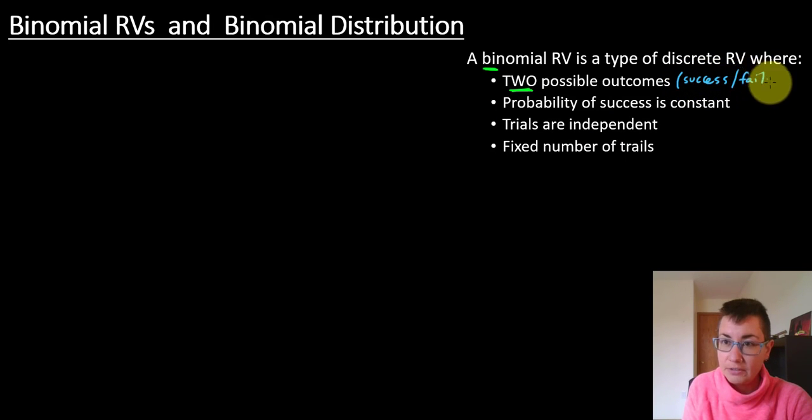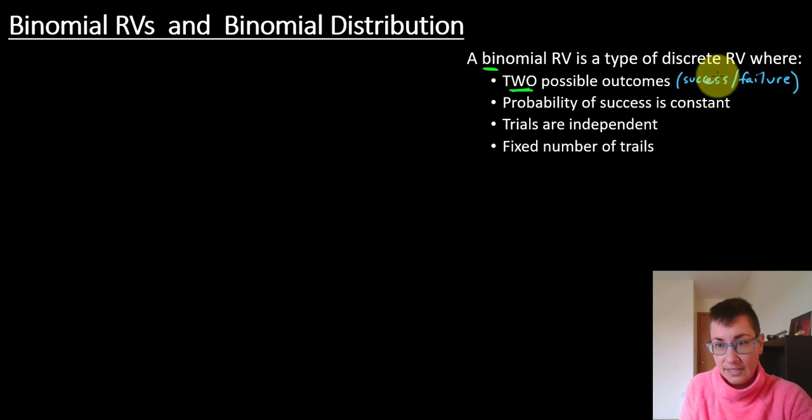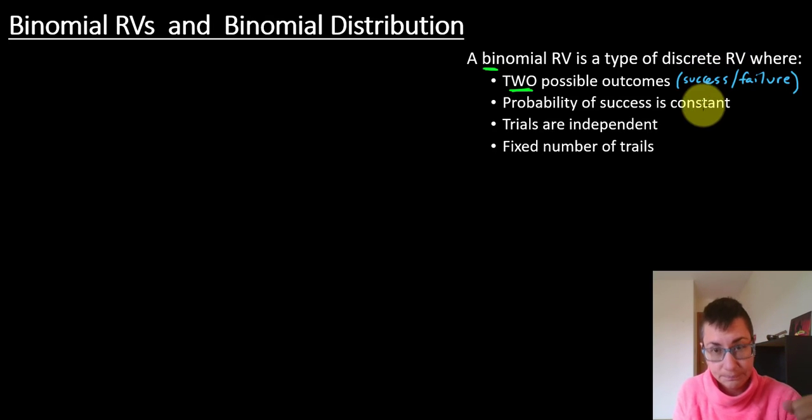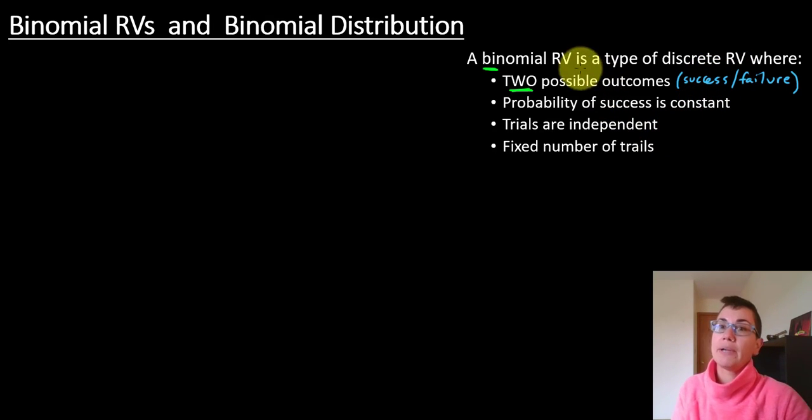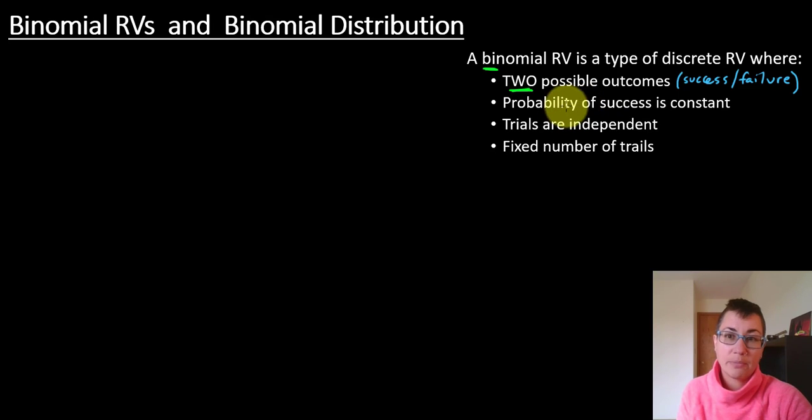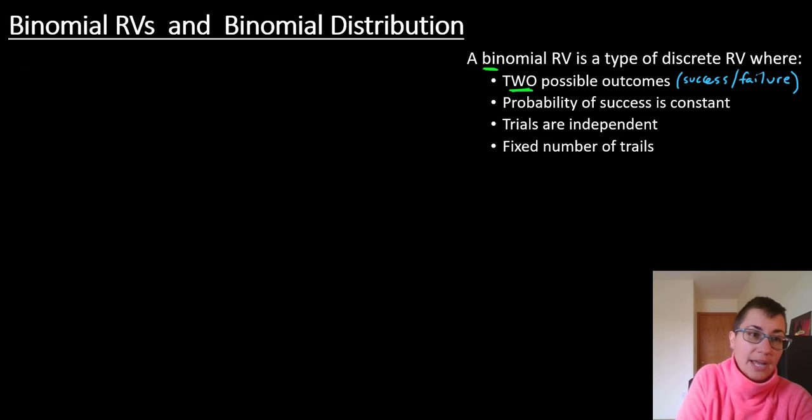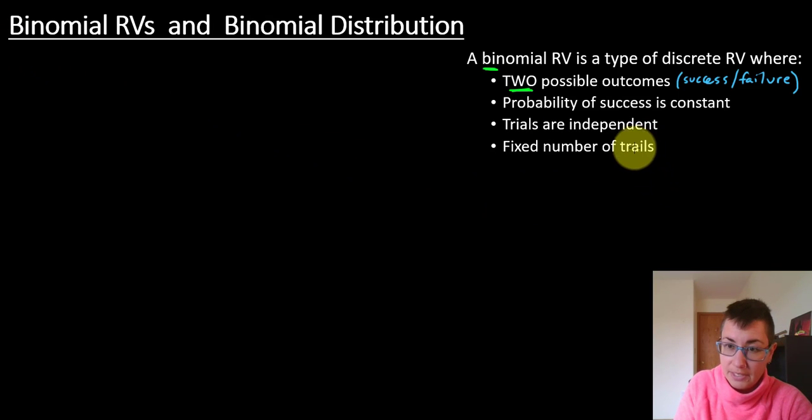And it's not necessarily good or bad, it's just usually we're keeping track of the successes and whether they occurred or didn't. A binomial random variable also has the property that the probability of those successes is constant. They're not changing. There are a fixed number of trials. I see I spelled trials wrong.